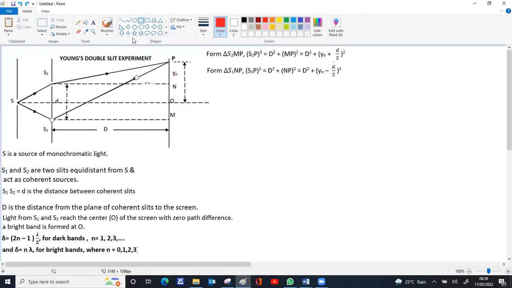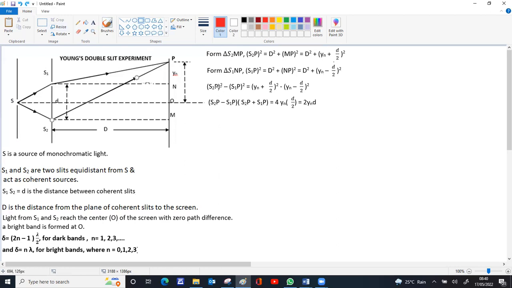We subtract S2P square minus S1P square. Using subtraction, D square gets cancelled. Now this is (a plus b) whole square minus (a minus b) whole square. So a square and b square get cancelled when you subtract. It will be just 4ab. So 4 into a, which is yn, and b is d by 2.